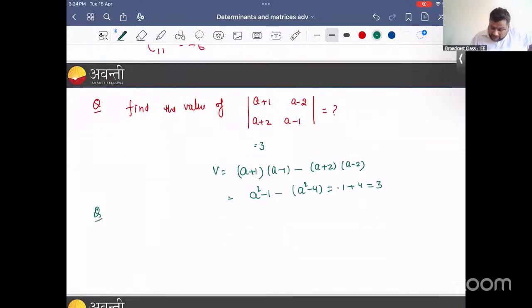Write down another question. Find the value of the determinant 1 plus cos theta, sin theta, 1 minus cos theta is. Quickly.